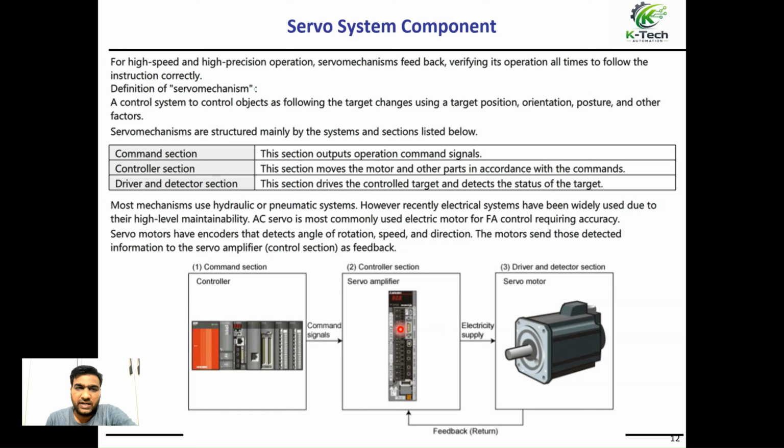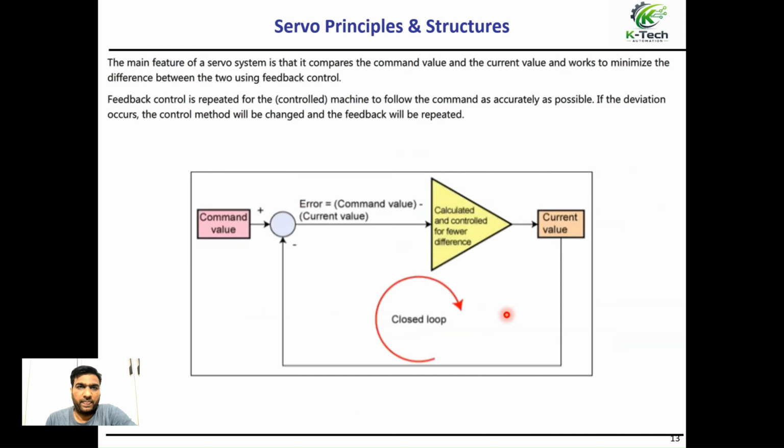Everything is decided by the controller, and according to that it gives the command to the servo amplifier, and the servo amplifier gives the command to the servo motor. According to that the servo motor will run and give the feedback from the backside, meaning from the encoder. So the most important components of the servo system are the controller, servo amplifier, and servo motor.